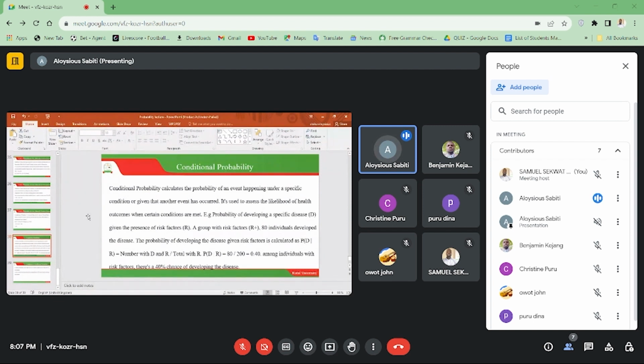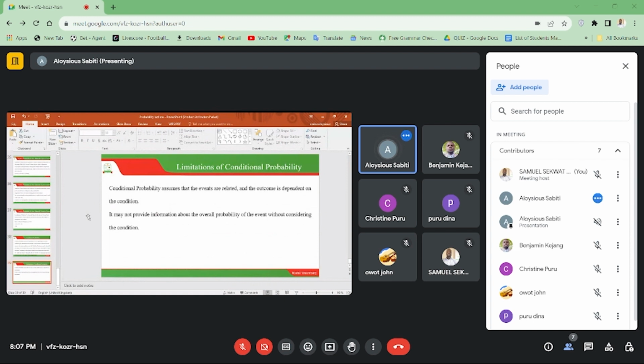And in conclusion, there are limitations that come along with what we call the conditional probability. Whereas conditional probability assumes that the events are related and the outcome is dependent on the condition, it may not provide information about the overall probability of the event without considering the condition.